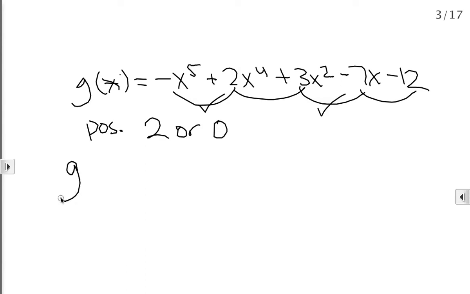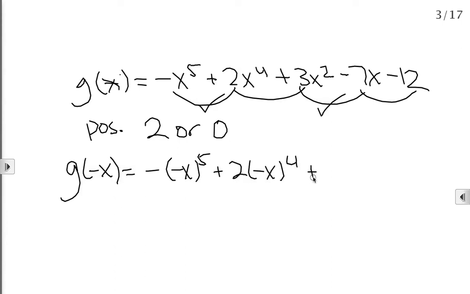Now we're going to substitute in our negative x. So now I have the opposite of negative x to the 5th plus 2 times negative x to the 4th plus 3 times negative x squared minus 7 times negative x minus 12. Simplify this out.